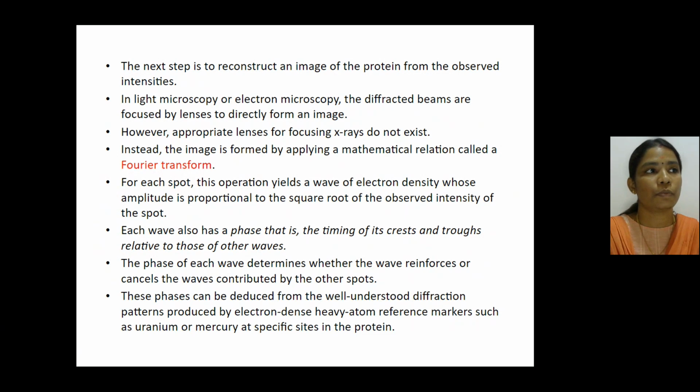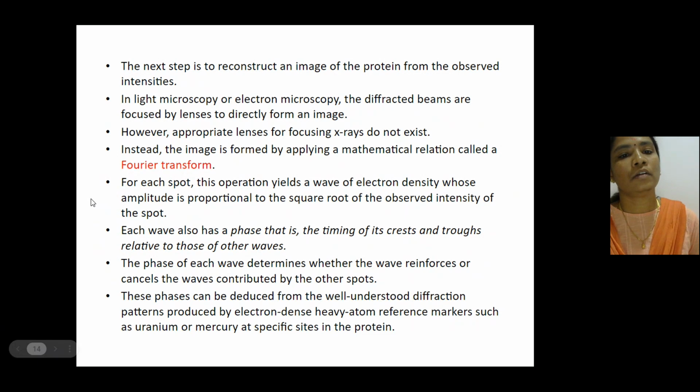Whereas in the case of X-rays, that is not possible because no appropriate lenses are available to show you the image directly. That's why a mathematical concept called Fourier transformation is required to compute the image of the protein.